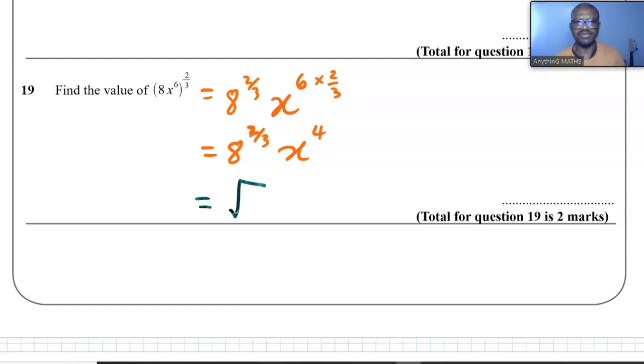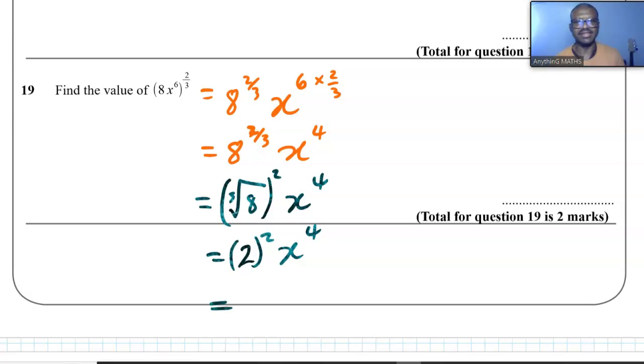The cubic root of 8 all squared, x raised to the power 4. The cubic root of 8 is 2, so 2 all squared times x raised to the power 4. And finally, 2 raised to the power 2 is 4. We're going to have 4x raised to the power 4.